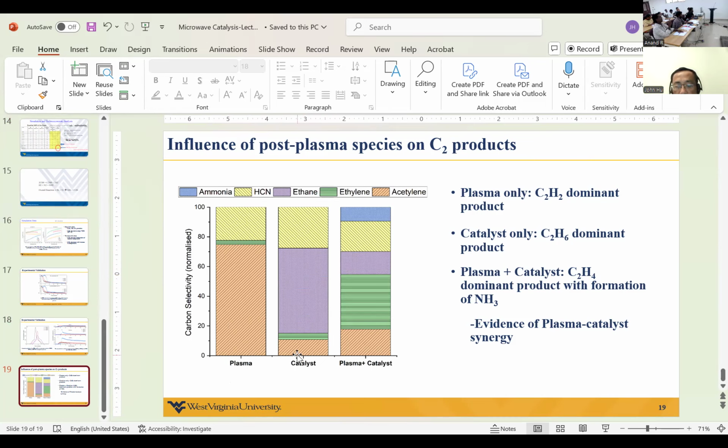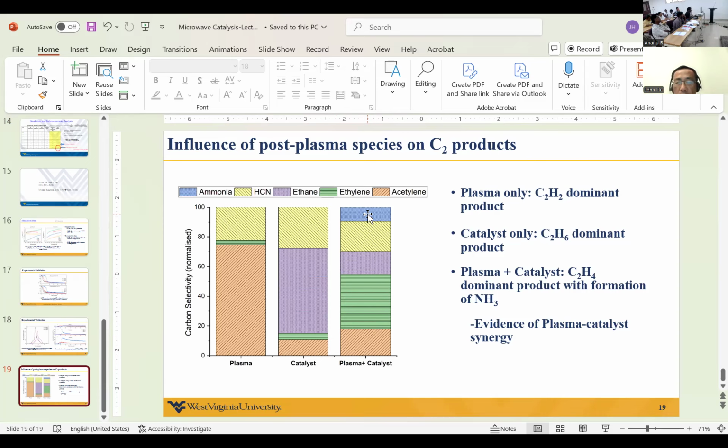This one in the middle, the catalyst only, is the baseline, which means we run conventionally and see what's happening. Finally, we run microwave plasma with the catalyst, which is the scenario I showed you on the right-hand side. The good news is we saw a green bar, which is ethylene, and of course acetylene, and also ammonia.